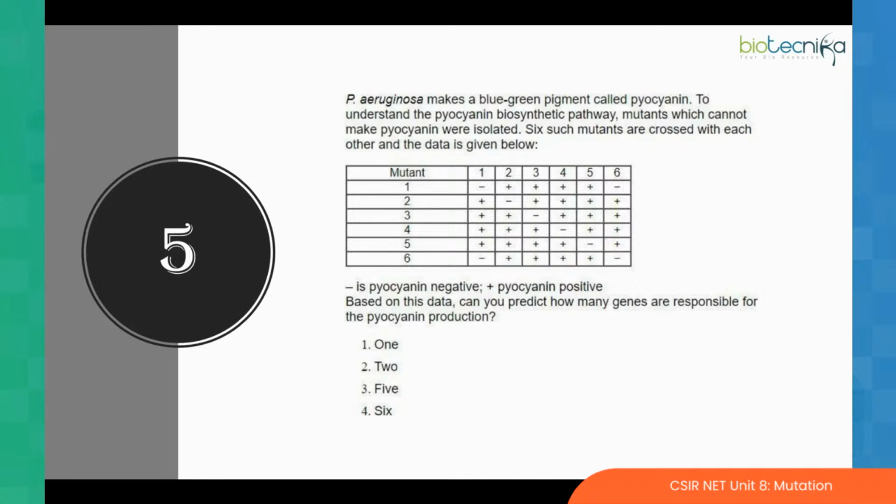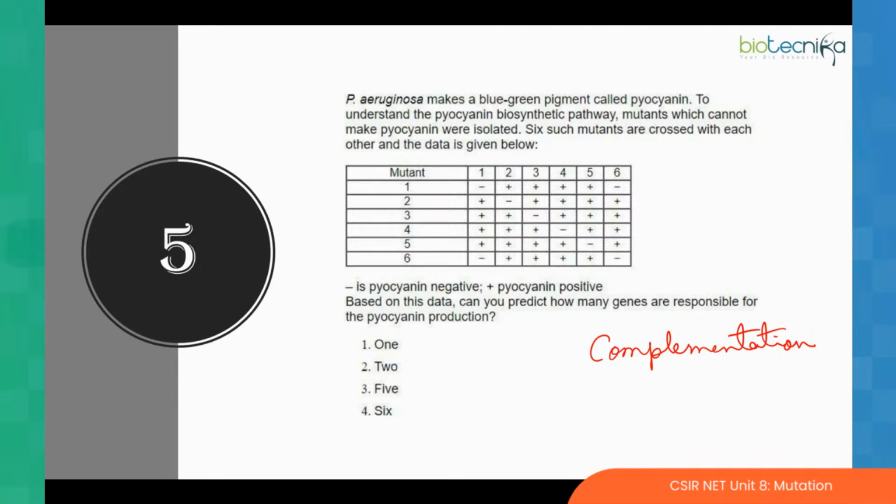So as Vrinda just told the class, this particular question can be solved using complementation test or complementation analysis. So I am telling you again that this is a proof of how mutation can be linked with other concepts.